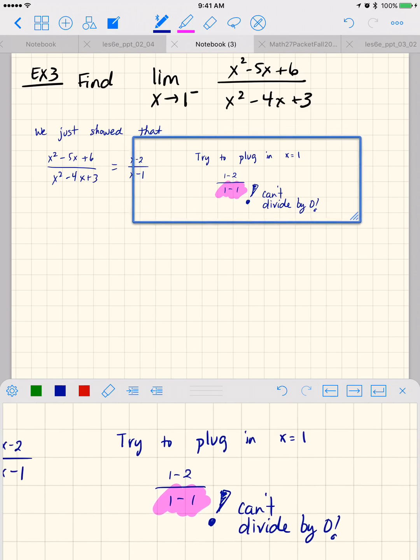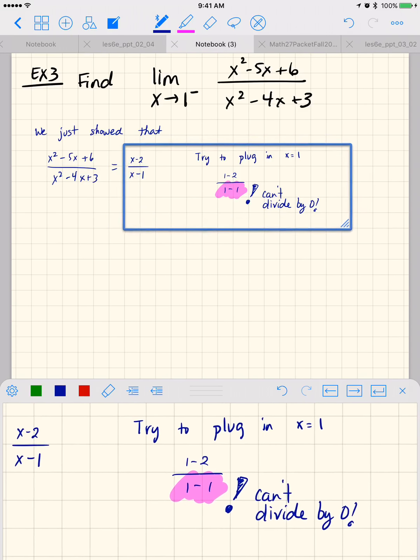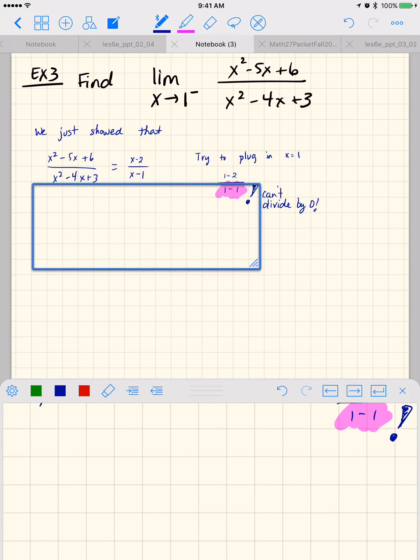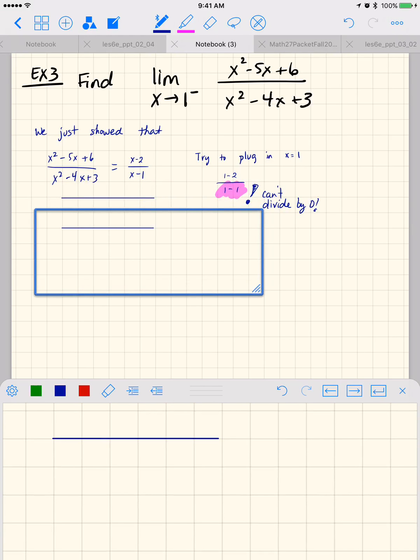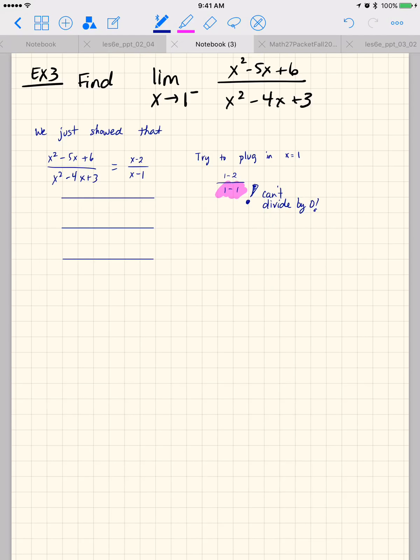We're going to end up with plus infinity or minus infinity. Okay. So now let's go to doing our sign analysis. I'll have 1 for x minus 2, 1 for x minus 1, and then 1 for them together. So here I'm going to put my x minus 2, my x minus 1, and this is going to be x minus 2 over x minus 1. So I go here, let me actually move this down a little bit.